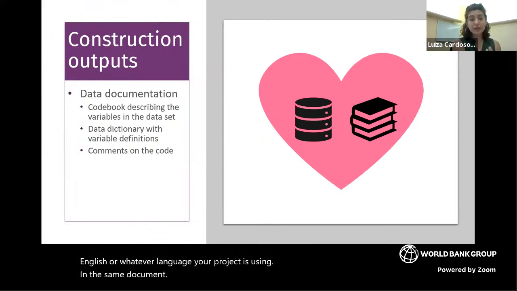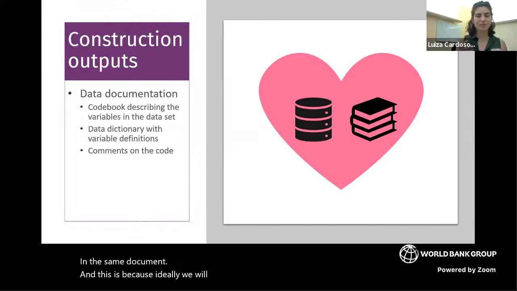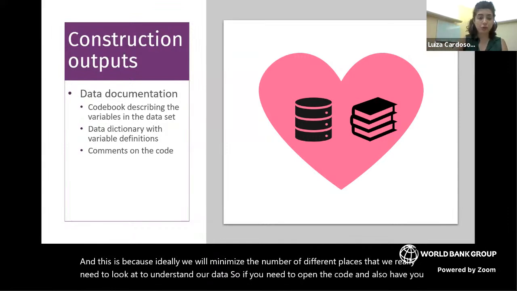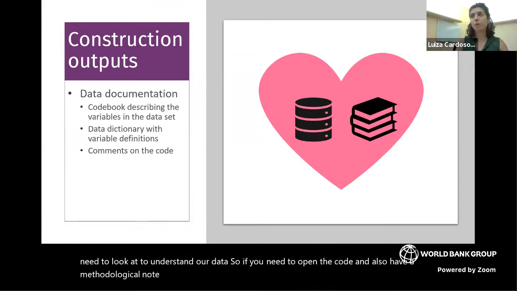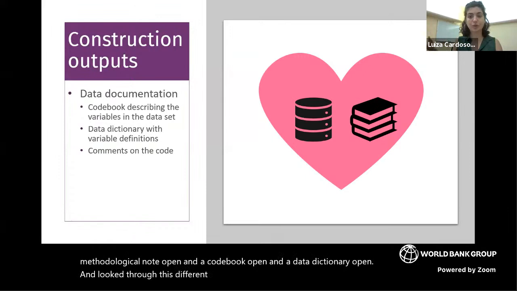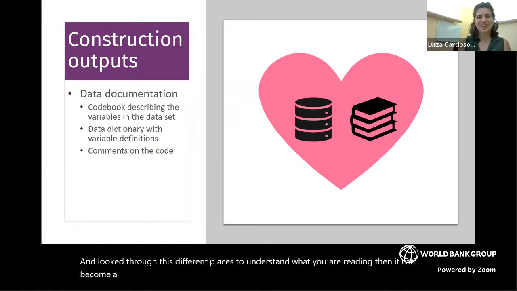Ideally we will minimize the number of different places that we need to look at to understand our data. If you need to open the code and also have a methodological note open and a code book open and a data dictionary open, and look through these different places to understand what you are reading, then it can become a little cumbersome to actually understand the code.